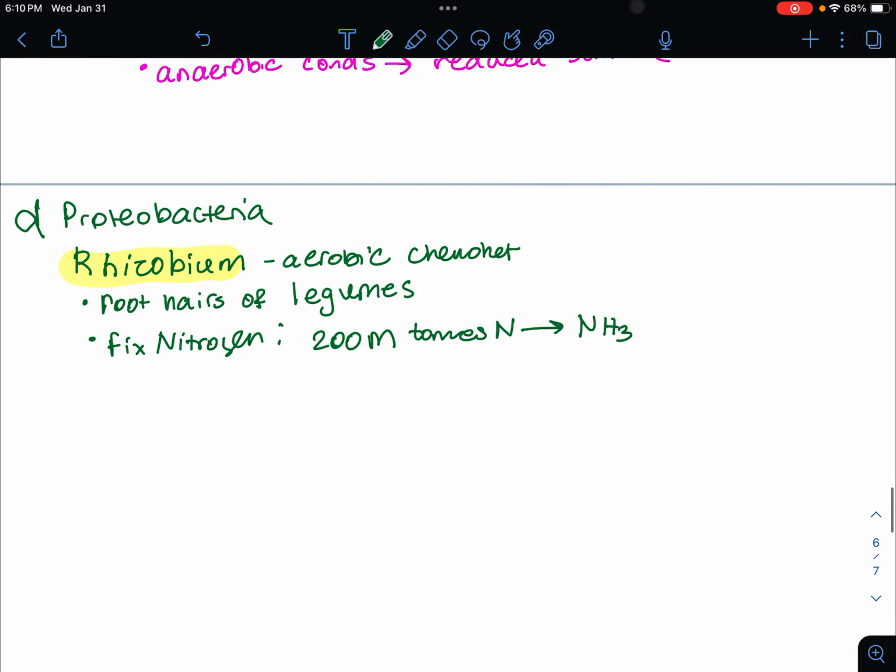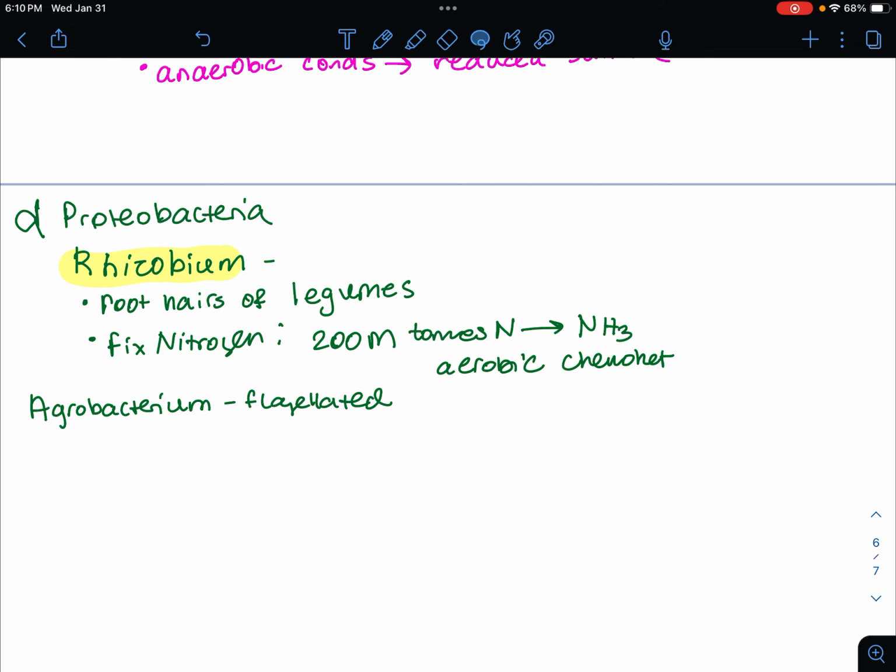We also have Agrobacterium. This is another genus of proteobacteria in the alpha division. These are going to be flagellated, and rods again. This is going to be the same here. They're both aerobic chemoheterotrophs, so we could actually just copy this over.